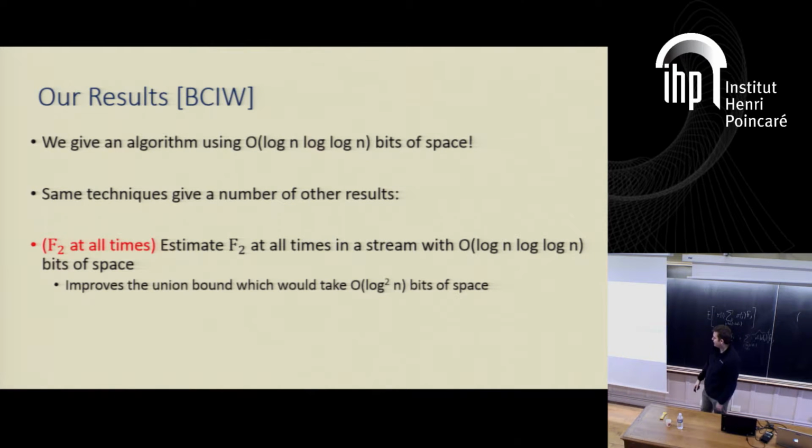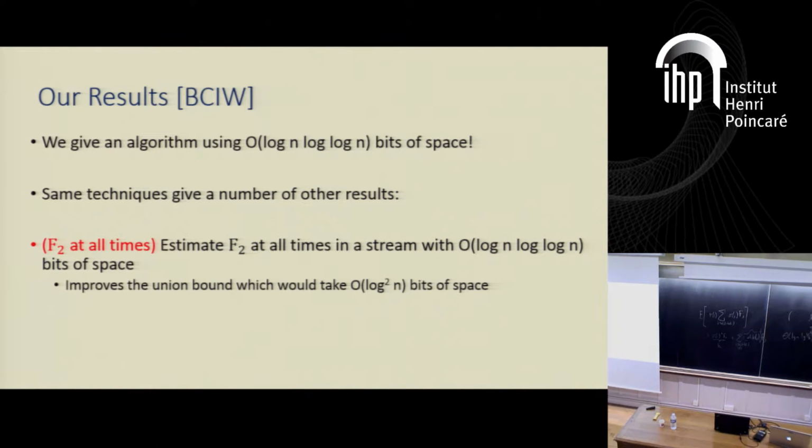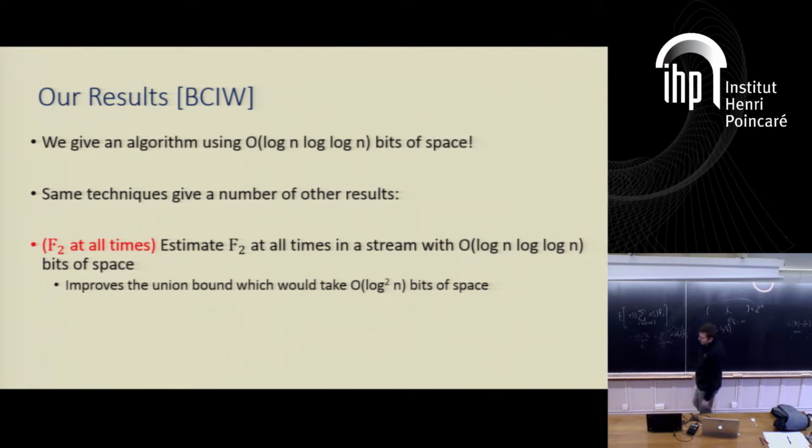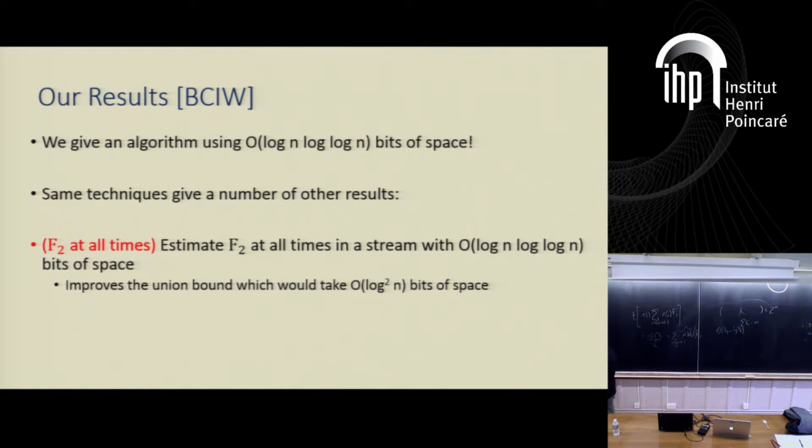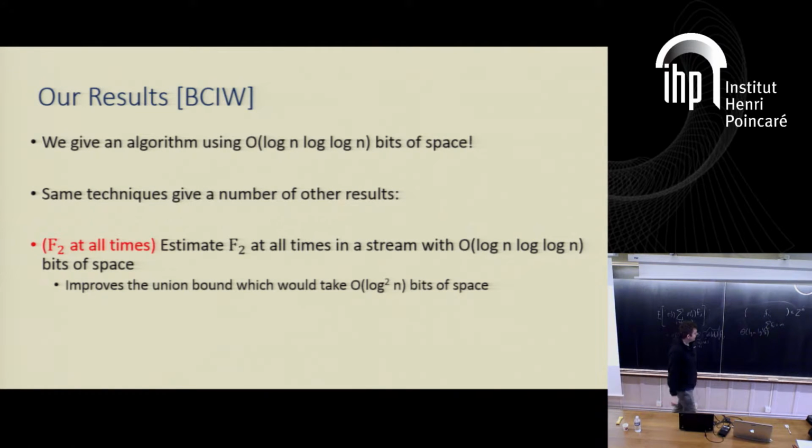The reason this is interesting is that to estimate f2 with error probability delta at any given time, it's known that the space complexity is theta of log n log 1 over delta. And so the natural thing would be to set delta to be 1 over n, or 1 over poly n, the length of the stream. Then you're guaranteed to be correct at every point, but you're using log squared n bits of space, whereas we're getting log n.